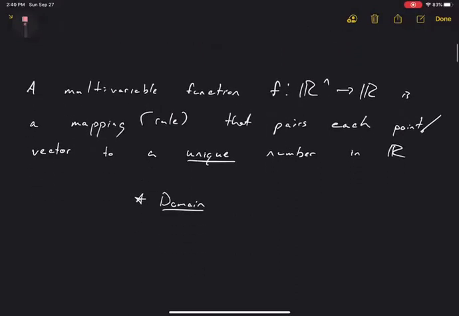Let's give an informal definition of these multivariable functions, similar to what we've seen in Calc 1 and pre-calc when we first started talking about functions.